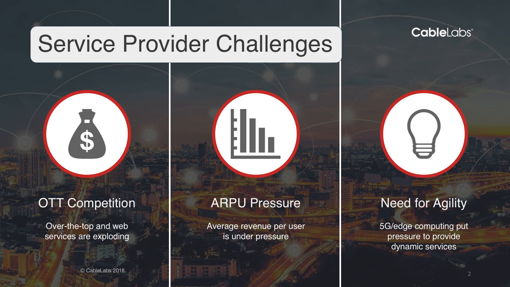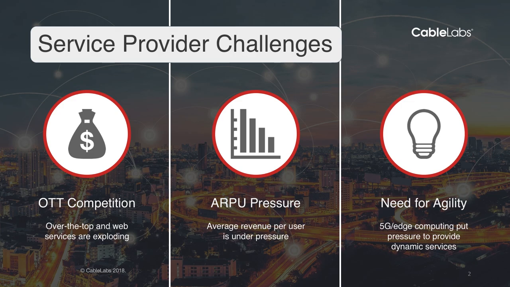The second challenge we are seeing is tremendous pressure on average revenue per user, or ARPU, where end users expect the price envelope to go down, or they expect more services to be provided in the same cost envelope. And the third major challenge is the need for agility to be able to provide network services to customers in an agile and dynamic fashion.